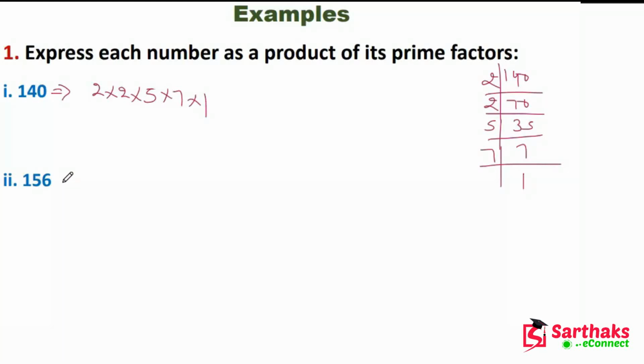Yes. So now similarly we can find the factors of 156 very easily. How? So the factors of 156 are 2 into 2 into 13 into 3 into 1.